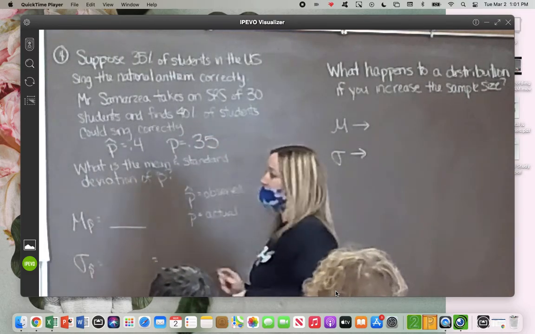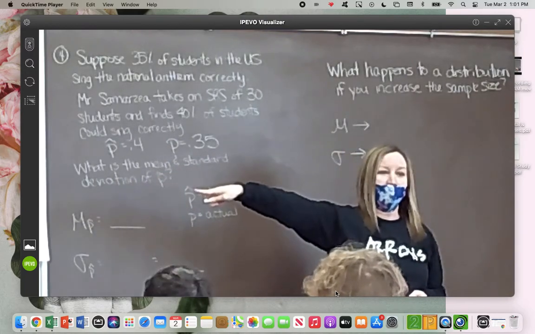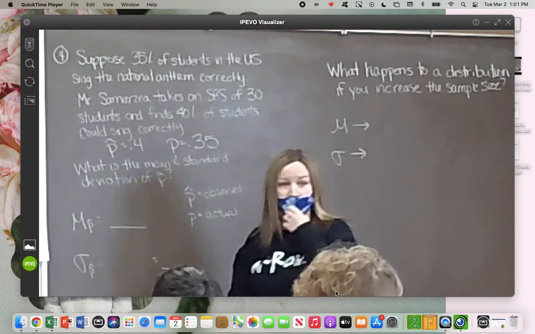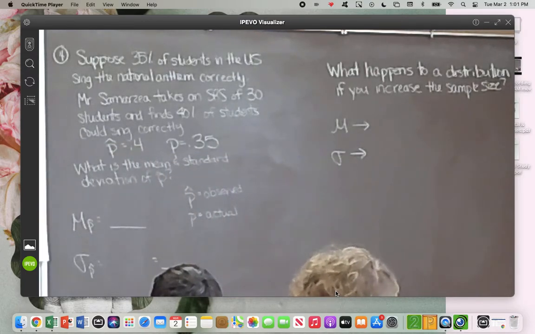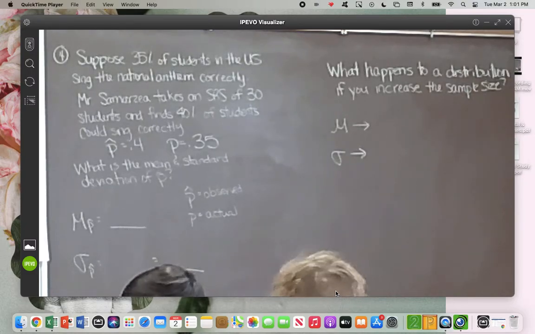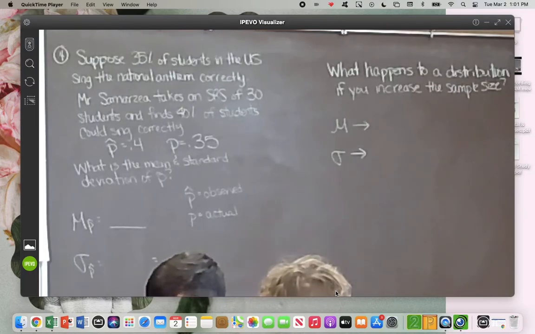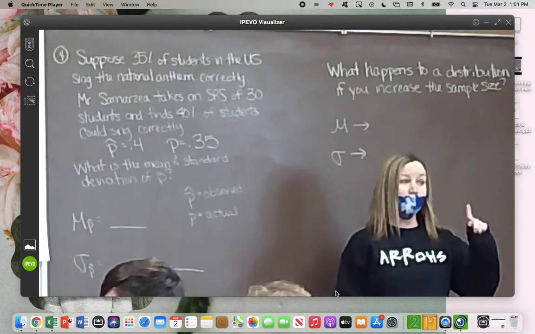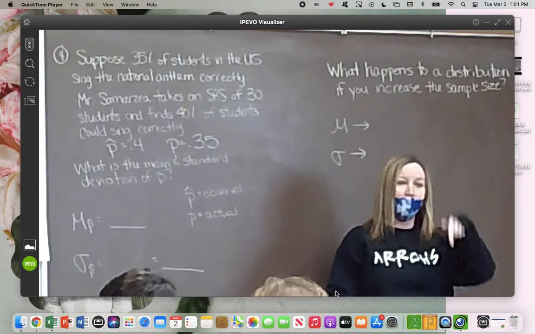Now, which one did I say to use in the formula? We use the overall proportion for the formula. Even though it says find it for P hat, the formula still says to use the overall proportion.